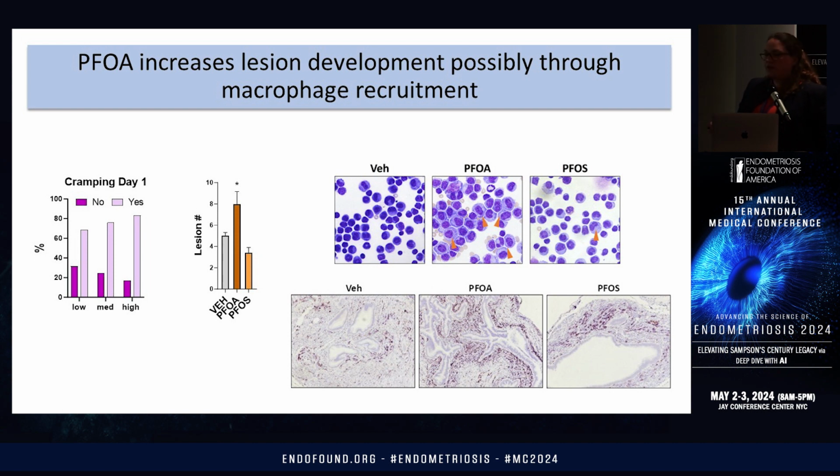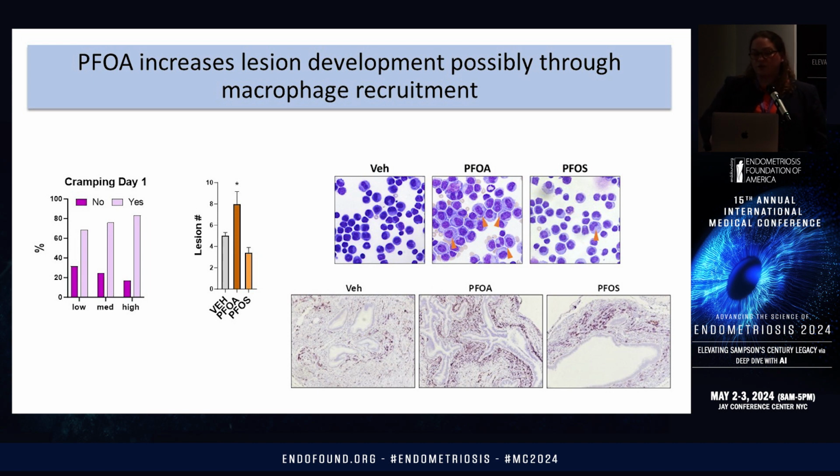And this is shown with the vehicle peritoneal fluid, where we do see activated macrophages and recruitment of few neutrophils, but some of these macrophages are still activated, but they're calmed down, if you will. Compared to the PFOA macrophages, these macrophages are very activated, and as we say in my lab, they're angry macrophages. We see less of these angry macrophages in the PFOS group, which mimics the lesion number.